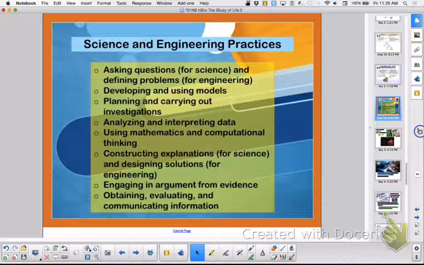Planning and carrying out investigations, analyzing and interpreting data, using mathematics like your chi-square test to see if your data was significant, constructing explanations, engaging in argument from evidence, claim, evidence, reason that you do in your analysis, and obtaining, evaluating, and communicating information. Some of you are great at that communicating, some of you are going to work a little harder on that.